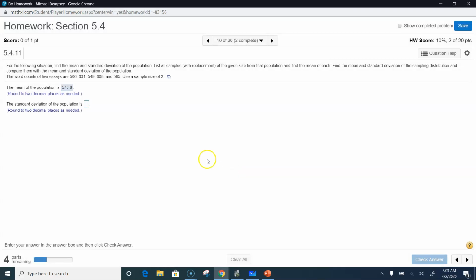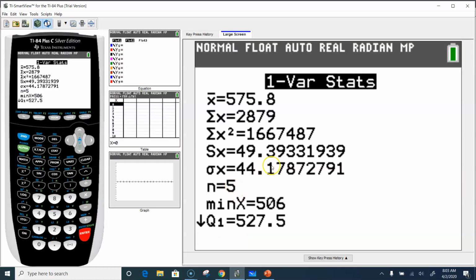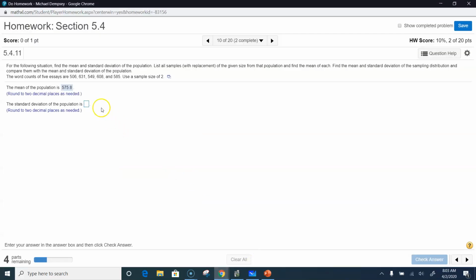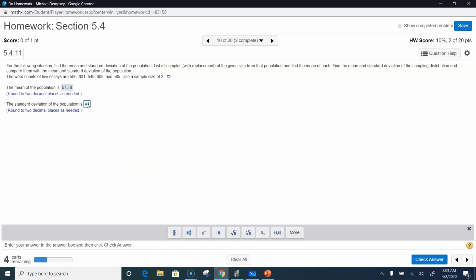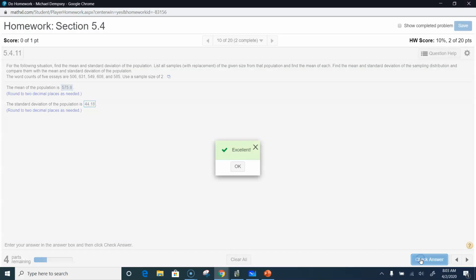And we're going to have several steps. And the standard deviation of the population also is right there, 44.179. How many decimal places do they want? 2. So I think that would be 44.18 to 2 decimal places.